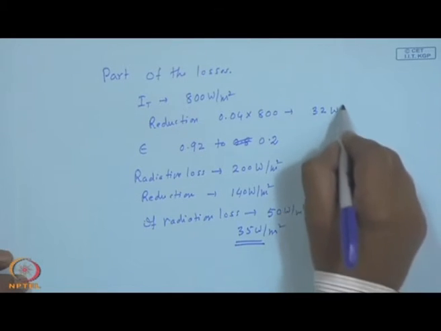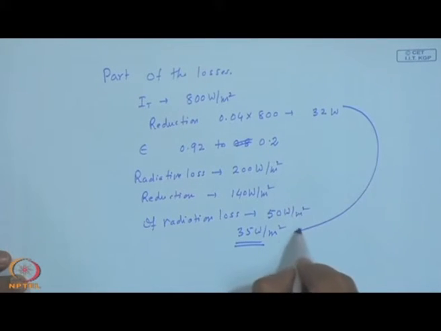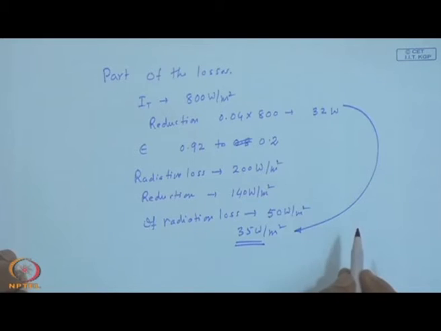So, this is comparable to this. So, if you are having a radiation component of about 50 watts in a total of 800, a reduction of 0.92 to 0.2 is just about the reduction that may be because of 0.92 to 0.88 for the absorptivity.